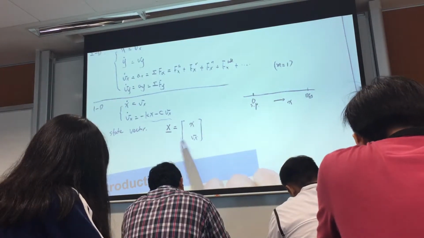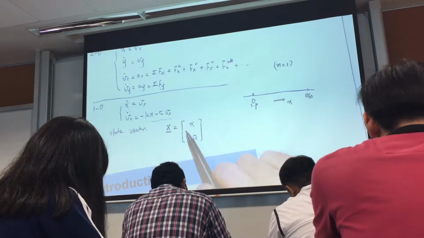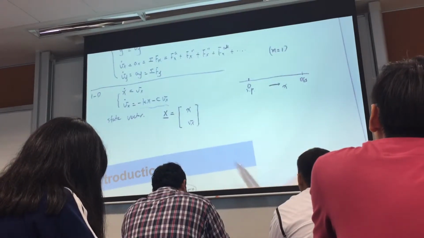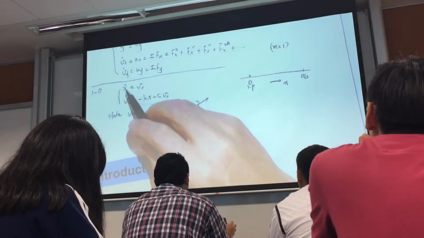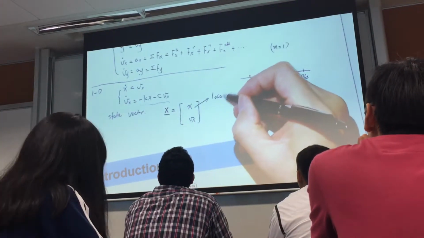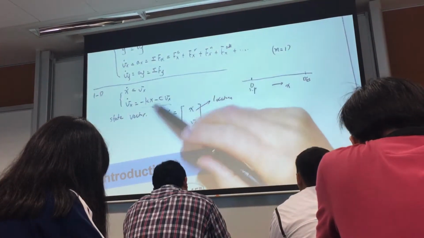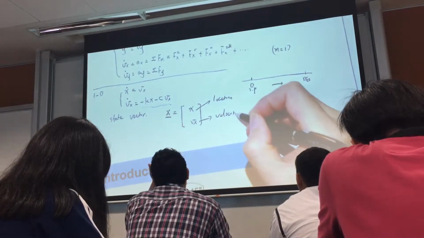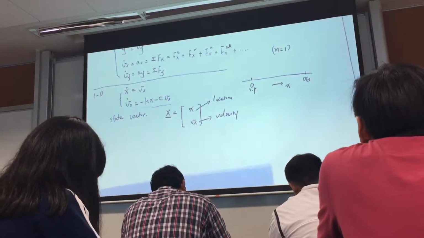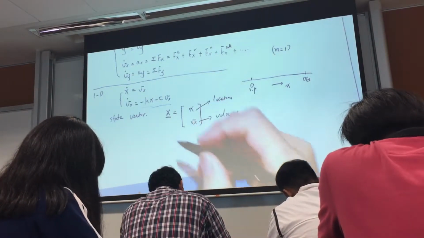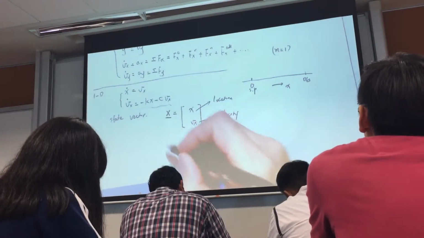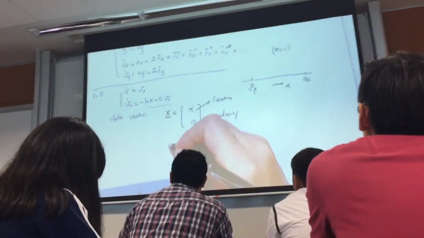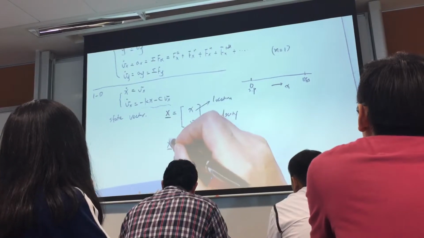It's quite a straightforward method, as in your control theory. Remember this x is the location here. So this is the location of your vehicle, and this is the velocity of your vehicle. From the definition of this x, we can define this x dot.